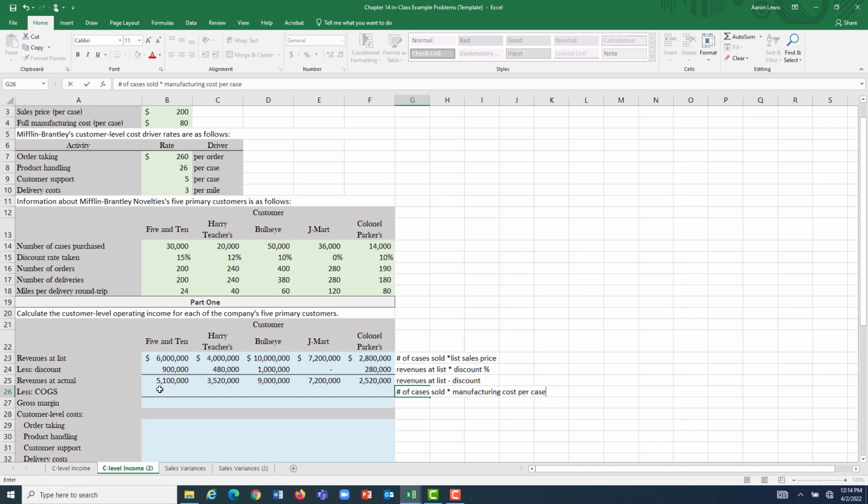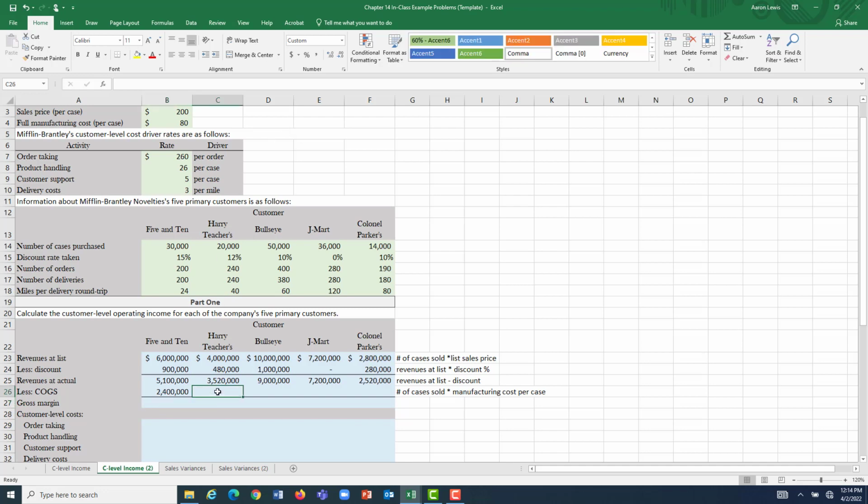per case. We sold 30,000 cases to 5 and 10. Our information up here tells us the full manufacturing cost per case is $80. So if we paid $80 to make each one of those and therefore got to expense $80 on each case that we sold, and we sold 30,000 cases, that would have resulted in a $2.4 million cost of goods sold expense being recognized for units which we sold to 5 and 10.